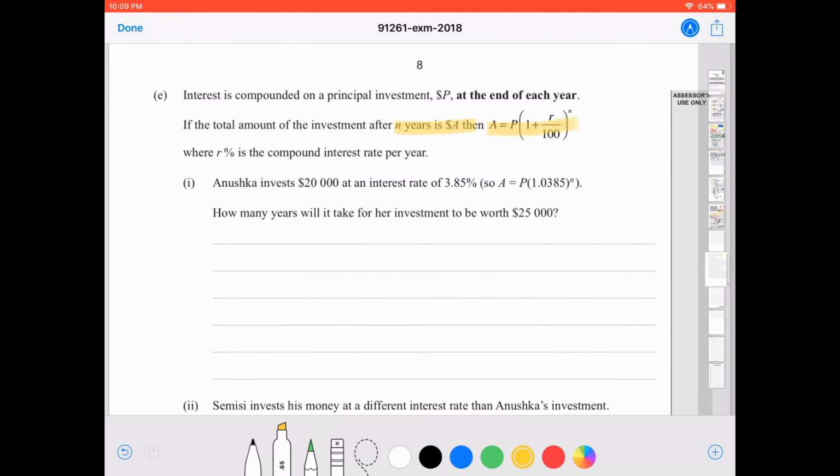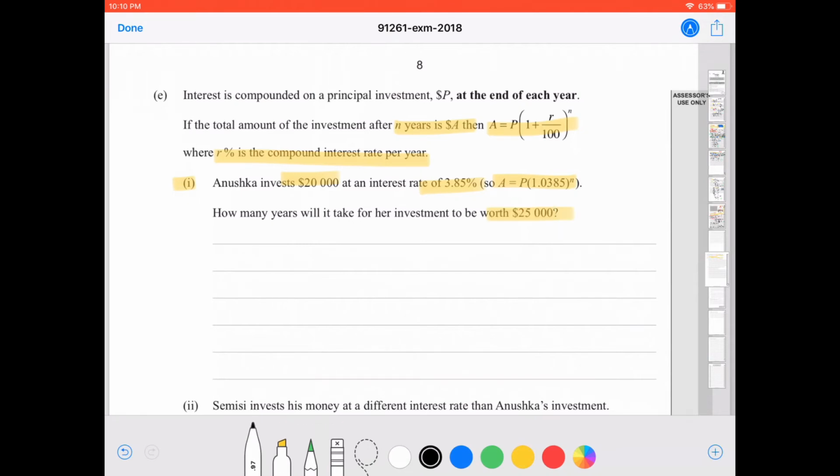That is the compound interest formula, where R% is the compound interest rate per year. Okay, so the first question here: Anushka invests $20,000 at an interest rate of 3.85%, so A equals P times 1.0385 to the power of n. How many years will it take for her investment to be worth $25,000?